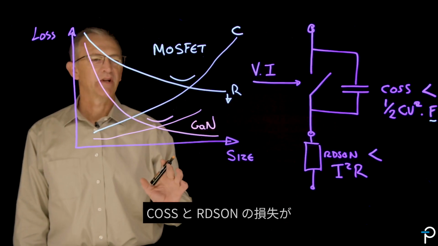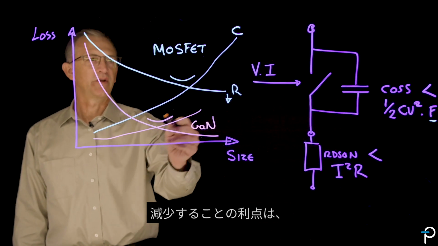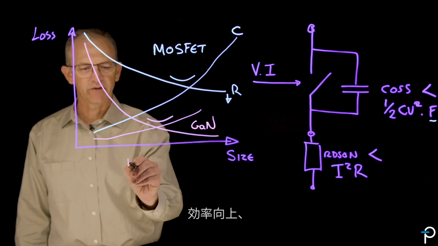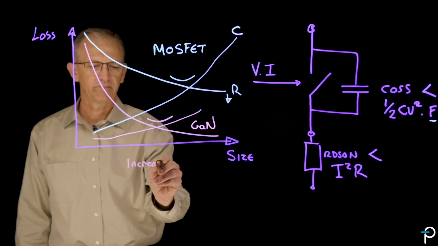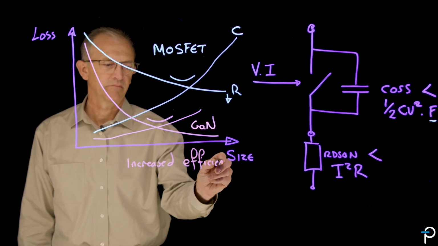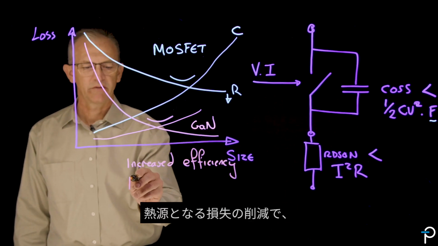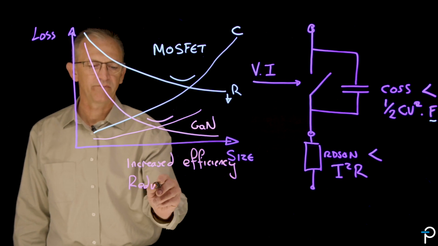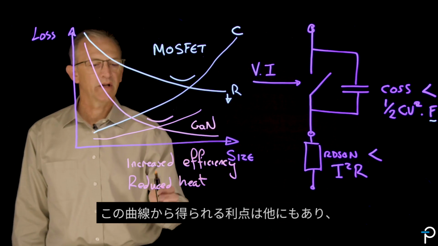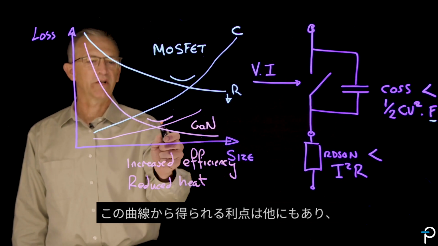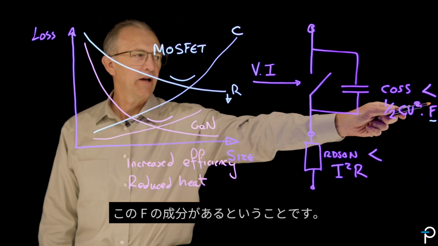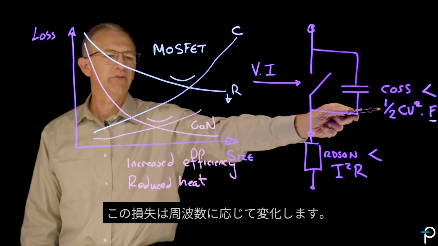So the benefits of the reduced combined COSS and RDS(on) losses are increased efficiency and reduced heat dissipation. And there's another benefit that comes out of this curve, and that is, if you remember, CV squared F has this F component, the loss is related to frequency.